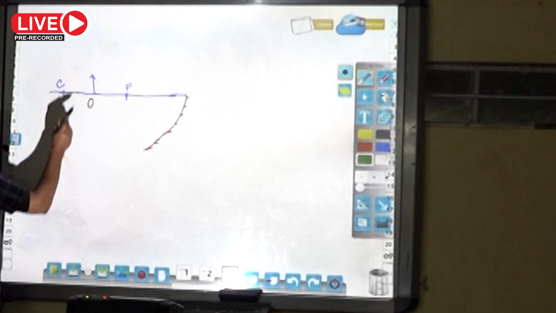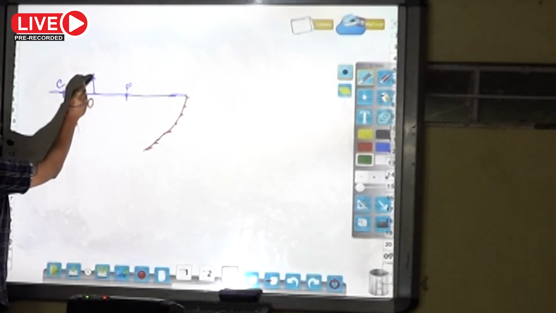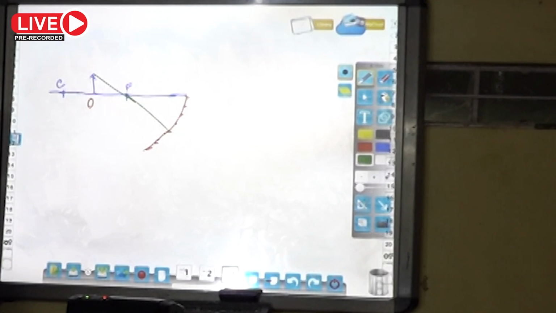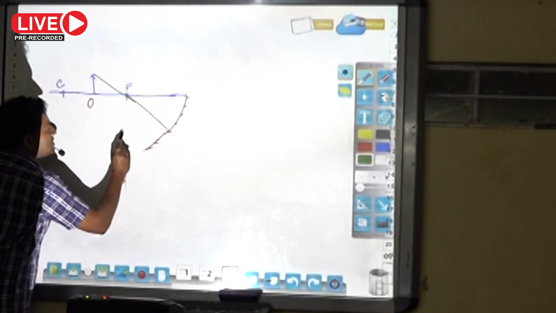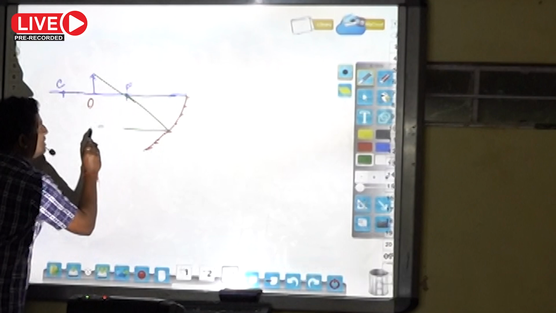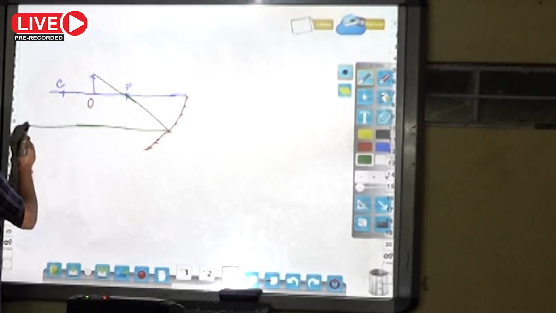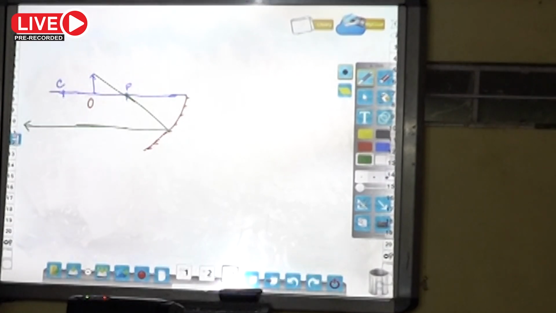So the first light ray that we consider is passing through focus. This light ray will be parallel to the principal axis. Now consider any other light ray.